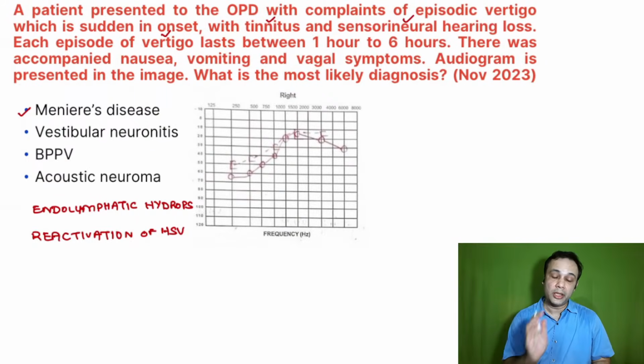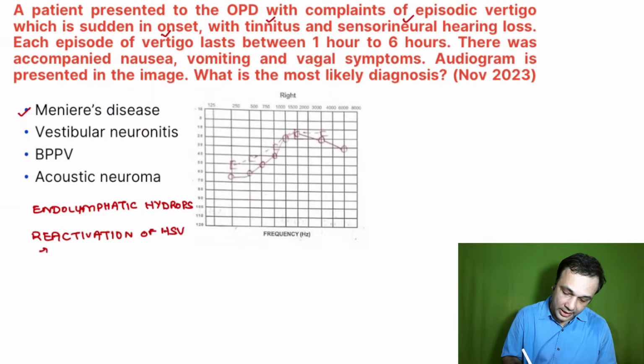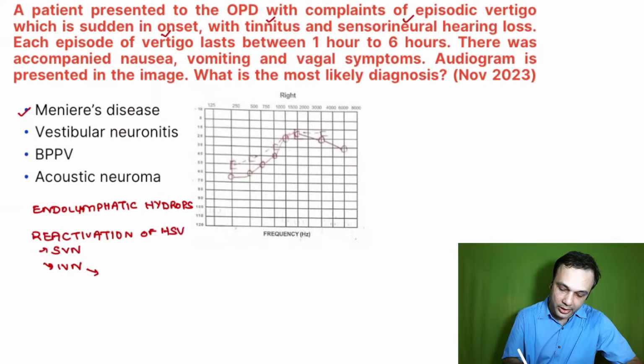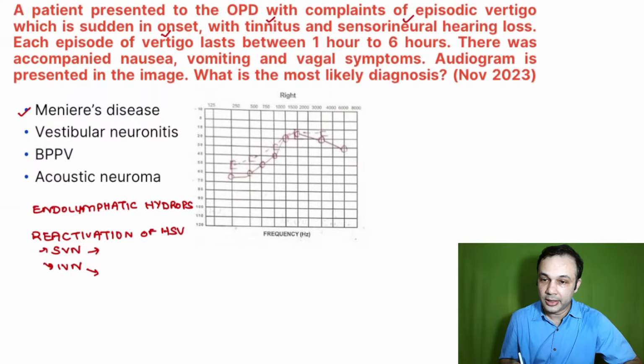So you remember, you have two important nerves there, that is the superior vestibular nerve and the inferior vestibular nerve. So when you talk about the superior vestibular nerve, what does it supply? And inferior vestibular nerve, what does it supply? So can anybody answer that?